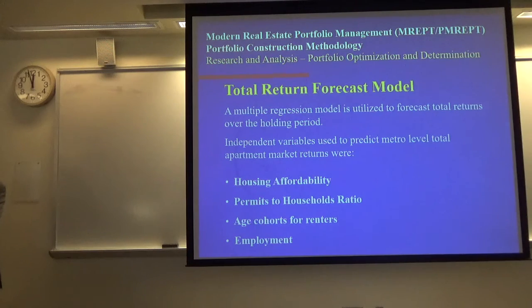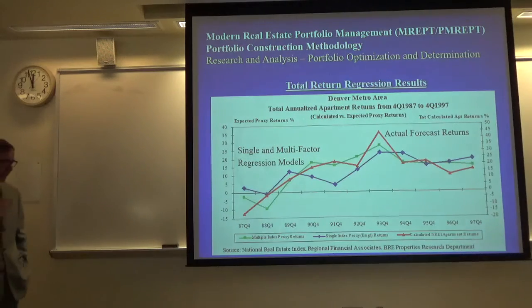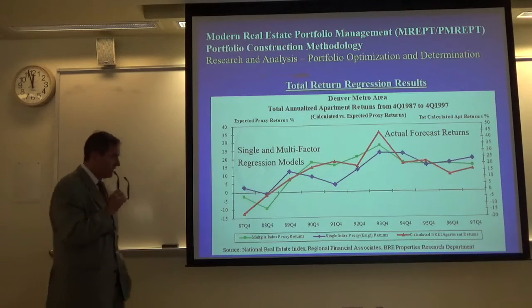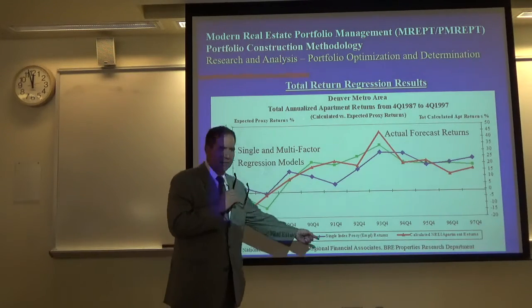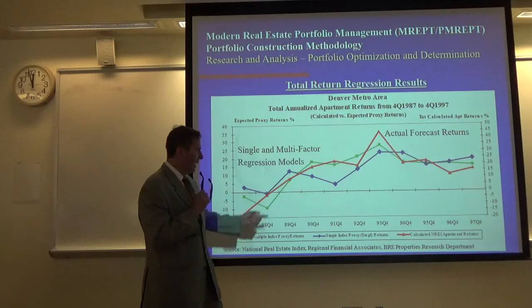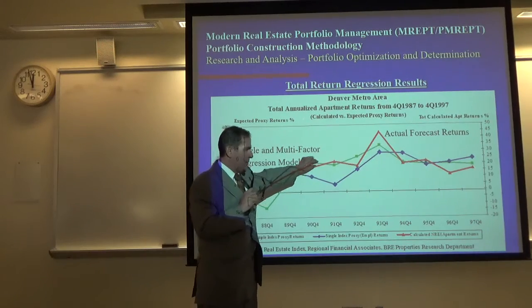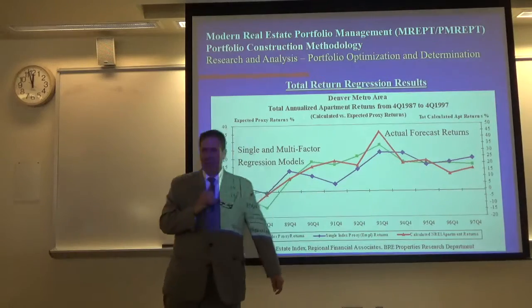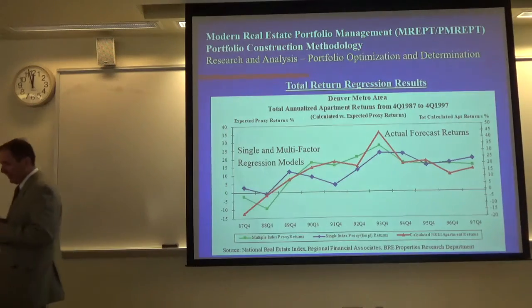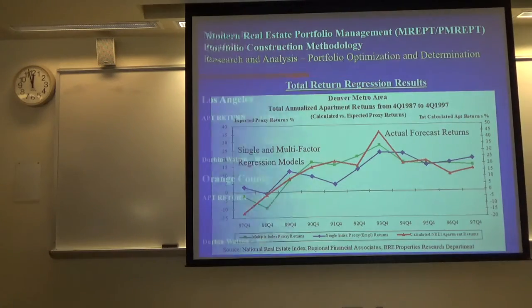They could be micro factors too, but this is really a macro factor. We did back test the return series, and we found that the multi-factor model is better than the single factor model. So we added supply factors in there, and you can see the green is nice and tight around the red. So you know that it does a good job of forecasting. We felt pretty confident being able to forecast the returns.